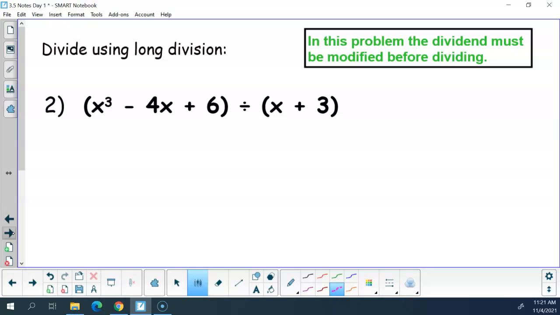Who's outside waiting to come in? X plus 3 is outside waiting to come in. What's inside answering the door? X cubed plus what?